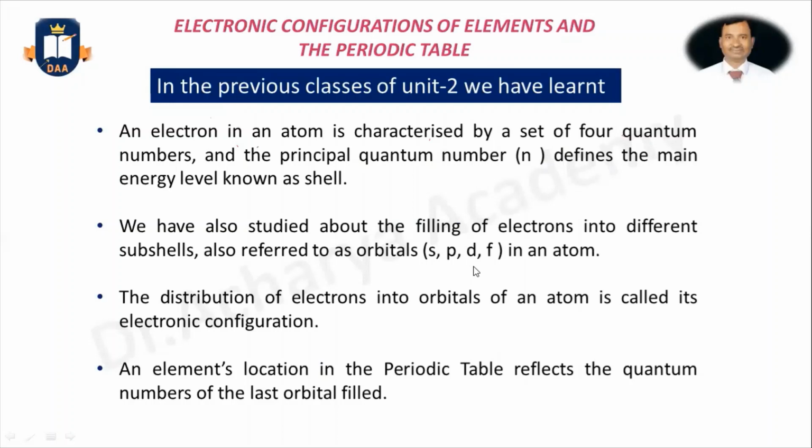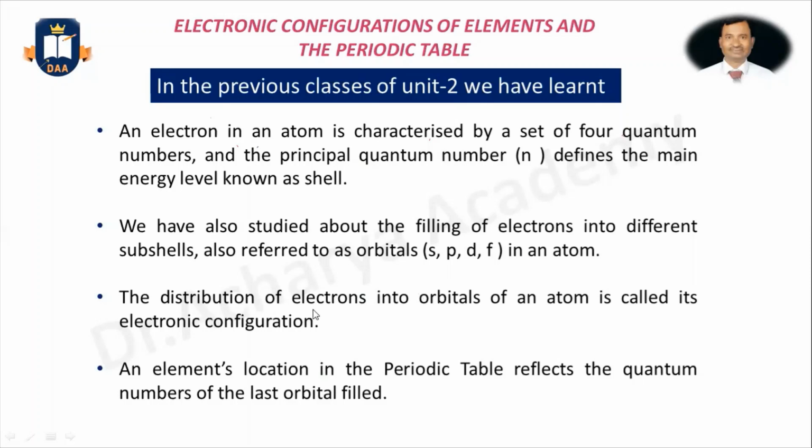And the d subshell has 5 orbitals. You already know from the previous class during the discussion of unit 2 that the maximum number of electrons it can occupy is 10. And the f subshell has 7 orbitals.